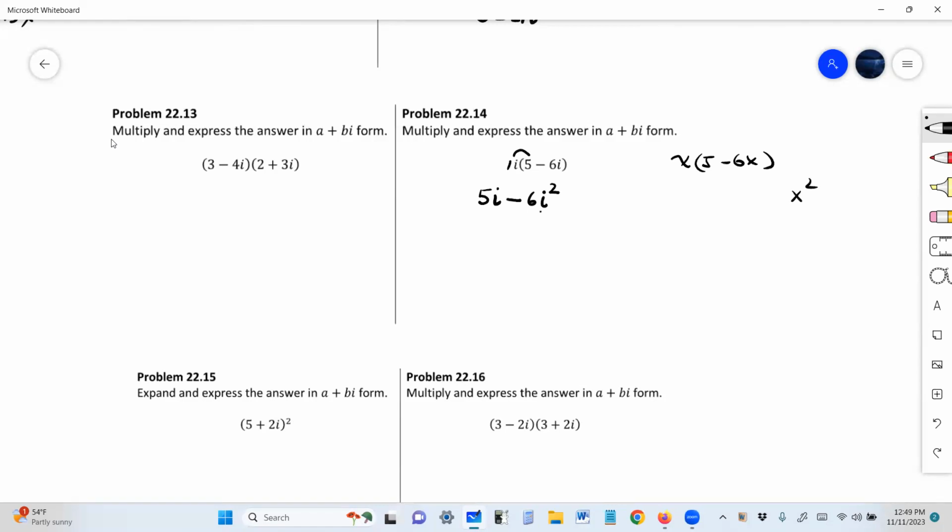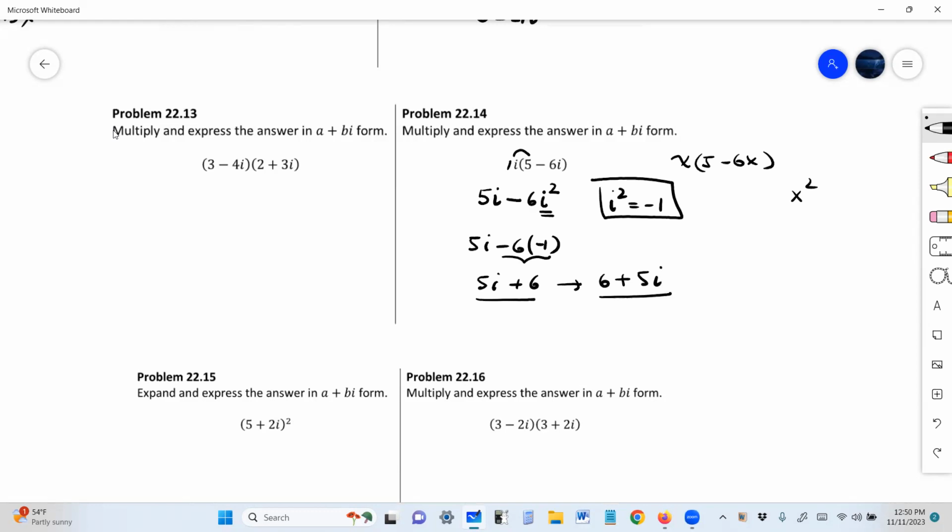But now be careful. Whenever you see an i squared, you have to make this substitution. It is mandatory. So this will be 5i minus 6 times minus 1. So this is obviously positive 6. And we really don't leave it this way. We always write the number first and the imaginary part second. So we leave it as 6 plus 5i.